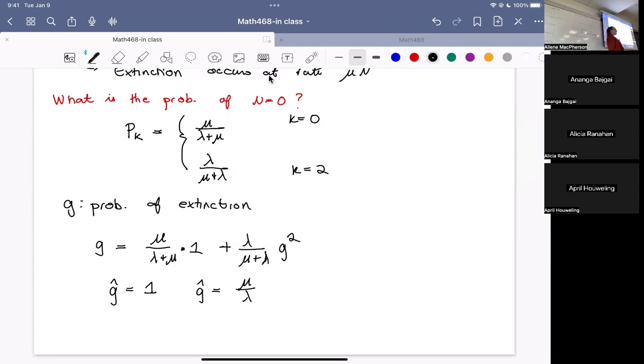The first is the one that is the probability of extinction in the long term as t goes to infinity. 100% of the time, if you wait long enough, you will go extinct. But then there is a probability of extinction in finite time. This is an exponentially growing process, so there can be an infinitesimally small probability of extinction. So the probability of going extinct in finite time is mu over lambda.